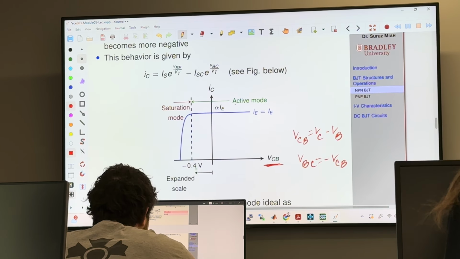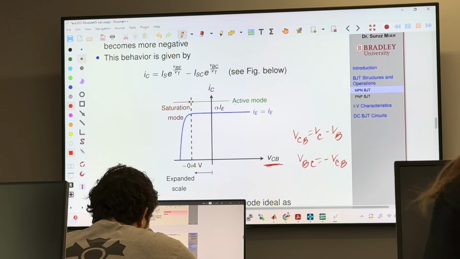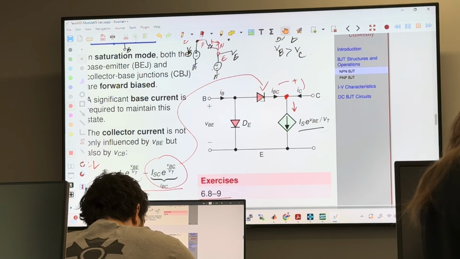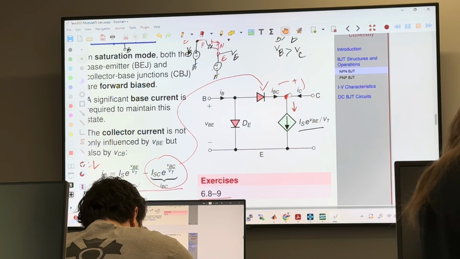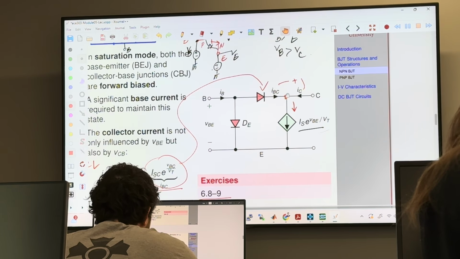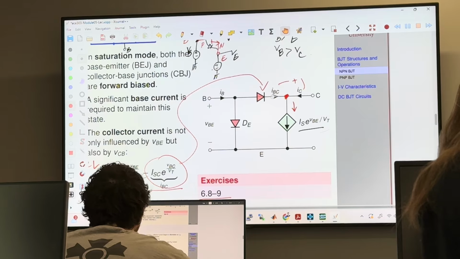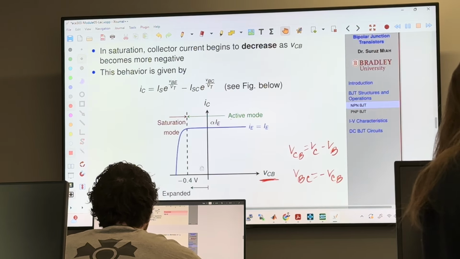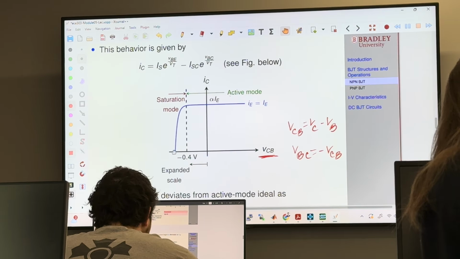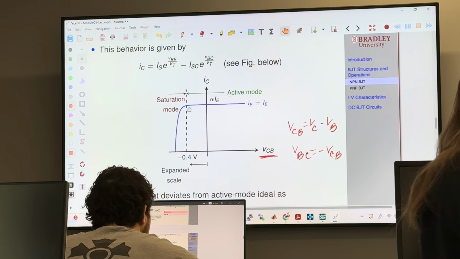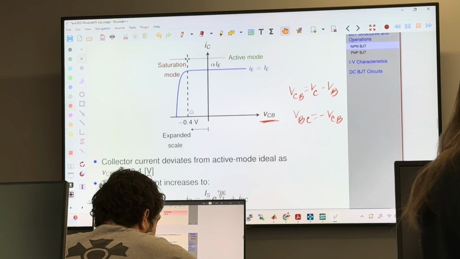But when VCB becomes more negative, which means this voltage is less than this voltage, then this becomes positive, this becomes forward bias, then you enter into saturation mode. In saturation mode, you are reducing the collector current.